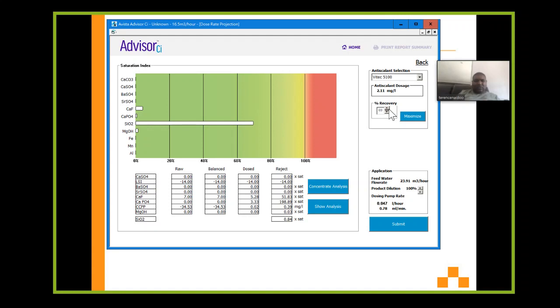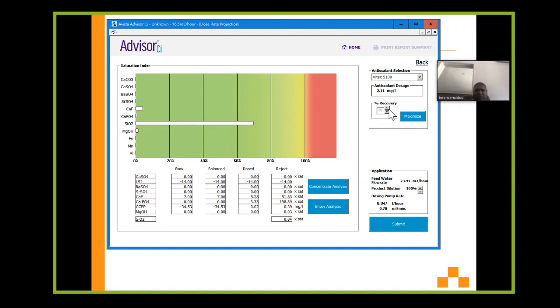But when water passes through our membranes, it can only be a few seconds. So typically the anti-scalant in the market can still work. However, if you have concentrate recirculation, you are recycling concentrate back to the feed of the RO again. That will increase the overall contact time, right?